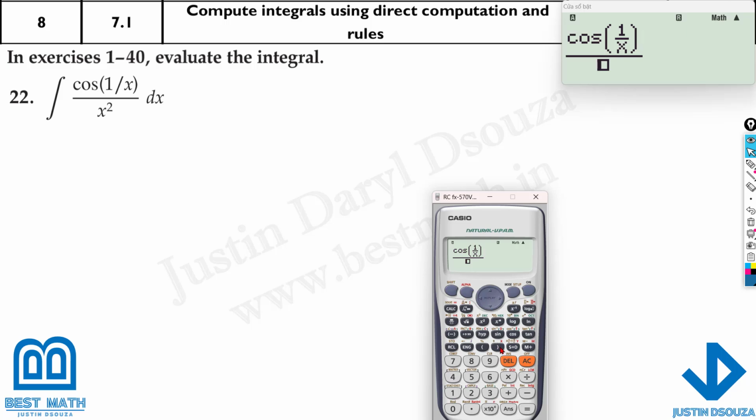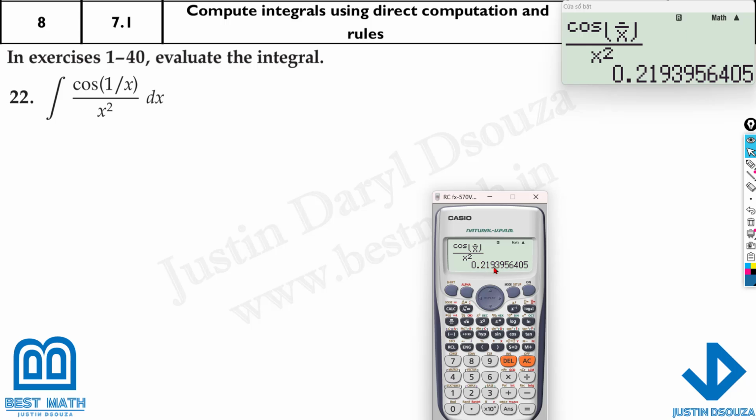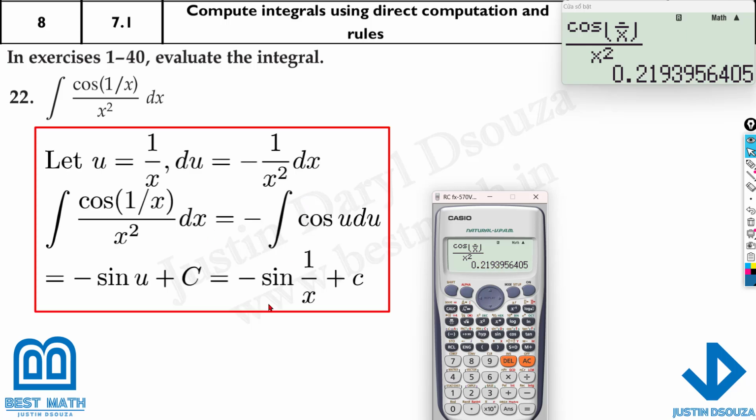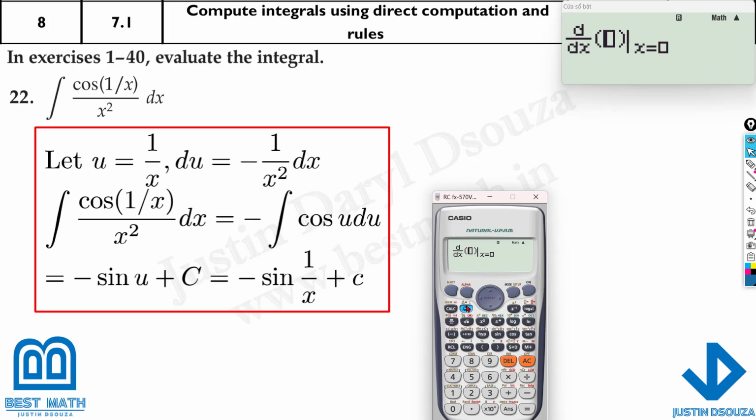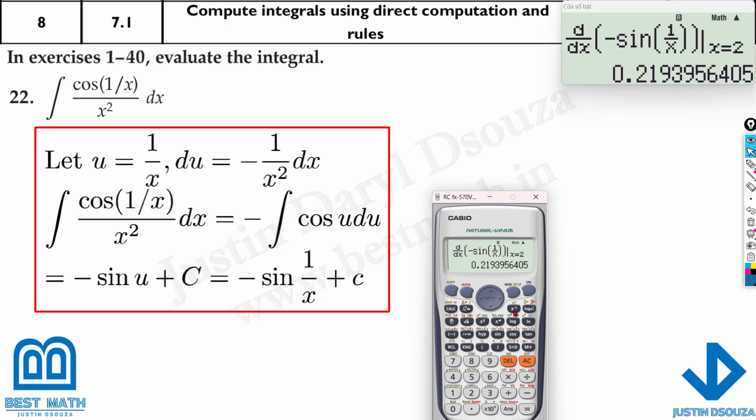Over here we have x squared, calculated at 2, it's 0.219. Now the answer must give us that: shift dy by dx minus sine 1 divided by alpha x, and then you need to close, because there are 2 open brackets, 2 closed brackets must be there, and yes, it's 0.219.